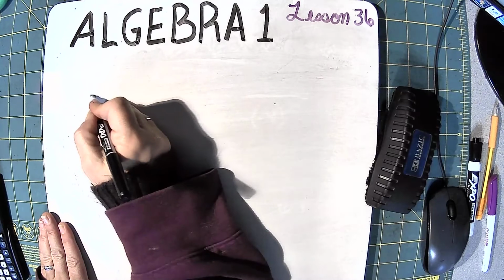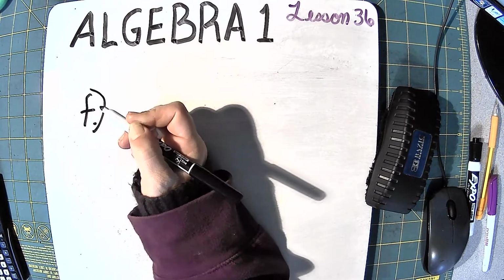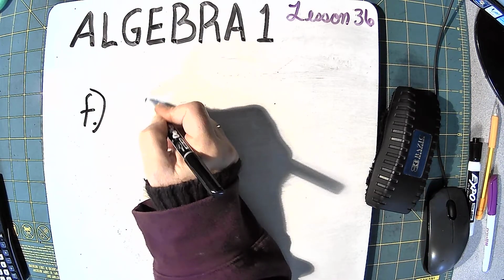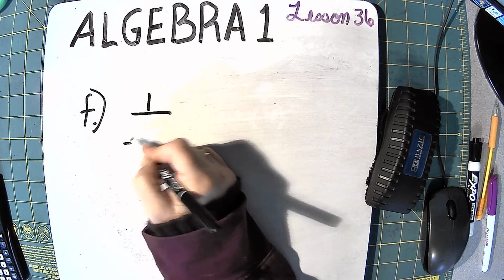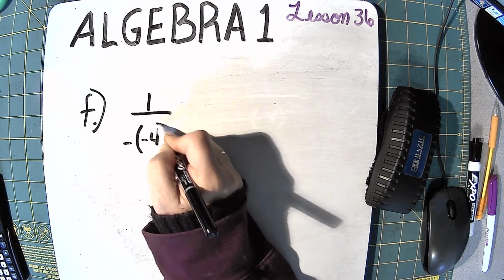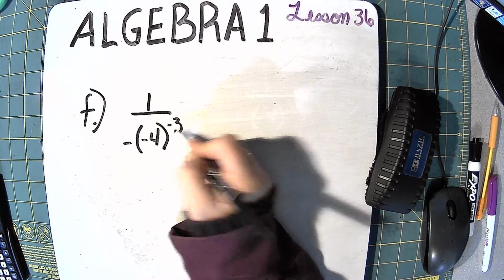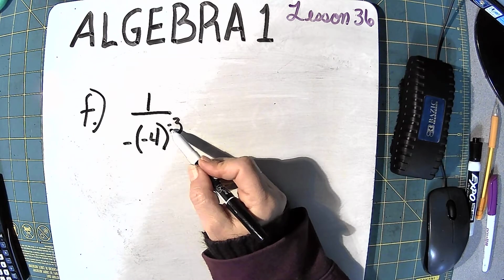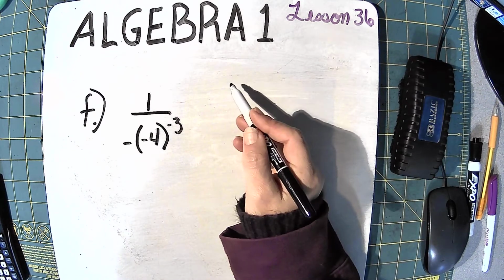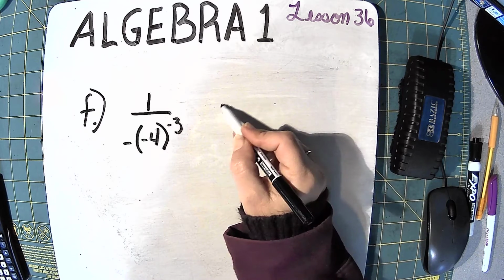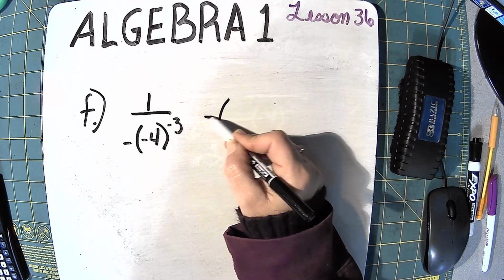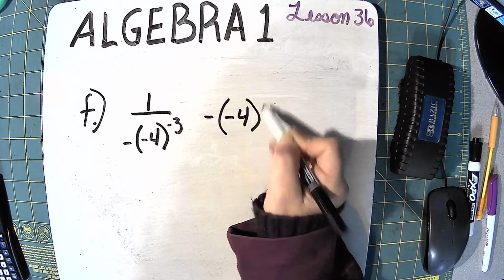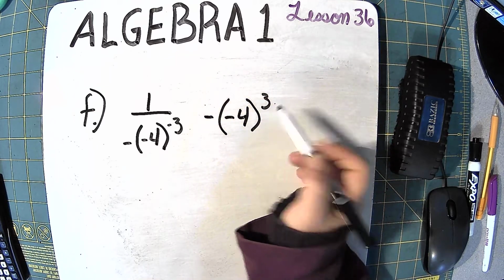And then one more. 1 over negative 4 to the negative third. Okay, to get rid of that negative sign there, we're just going to move it to the top of the fraction, which means that's not a fraction anymore. So we're going to have negative 4 to the third. And we just did negative 4 to the third.